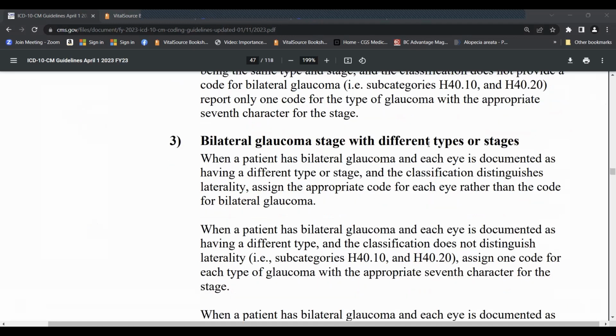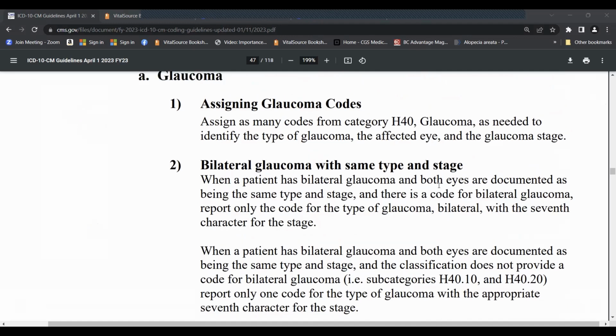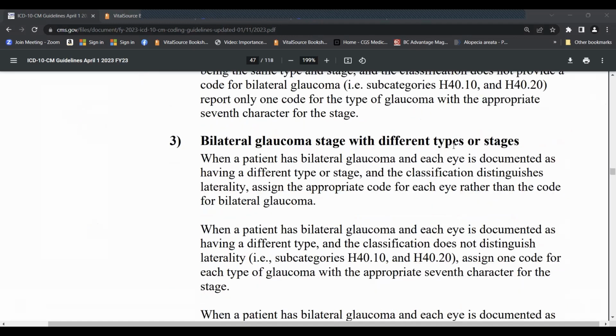Bilateral glaucoma stage with different types or stages. So remember when you're highlighting, this is the same type and stage. This is different types or stages. So when a patient has bilateral glaucoma and each eye is documented as having a different type or stage, and the classification distinguishes laterality, assign the appropriate code for each eye rather than the code for bilateral glaucoma.